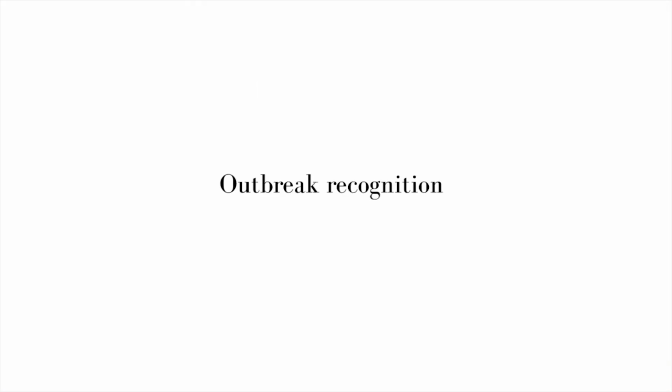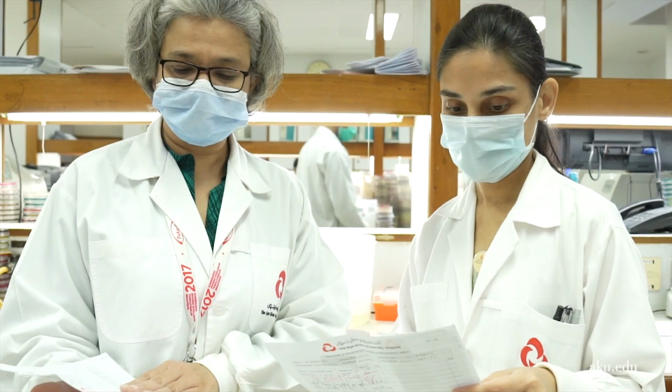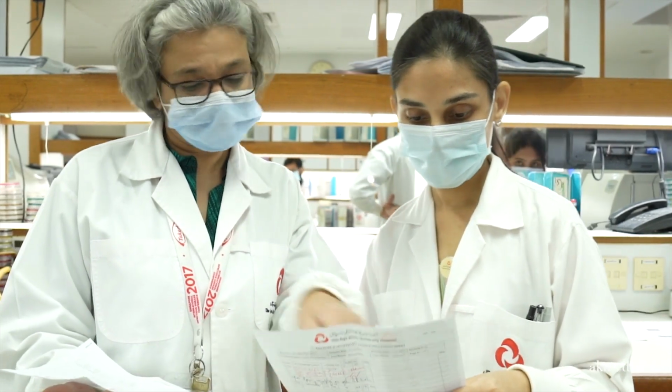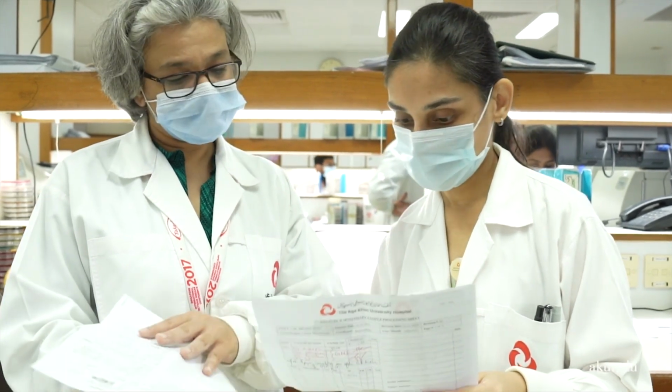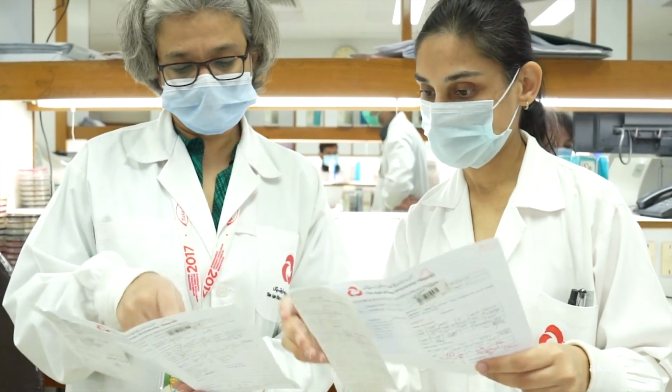Outbreak recognition. The first role of the microbiology laboratory is early recognition of a cluster or outbreak. This can be achieved either through the laboratory information system, which has incorporated an early warning system, examining rates of test ordering or rates of positive isolates, or through routine observations at the bench and comparison with the baseline incidence.